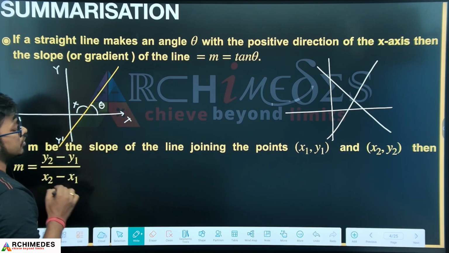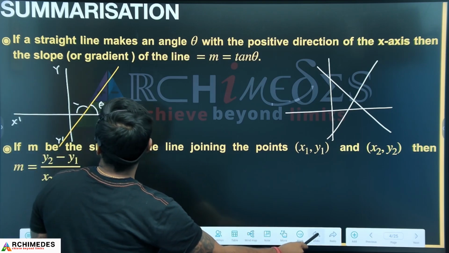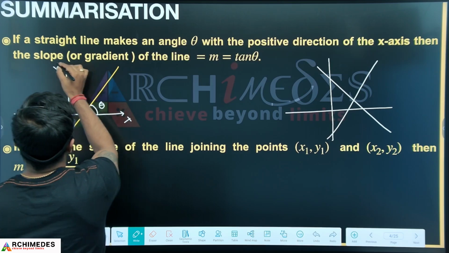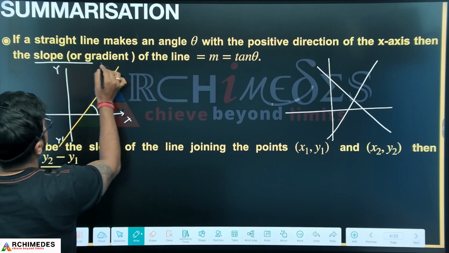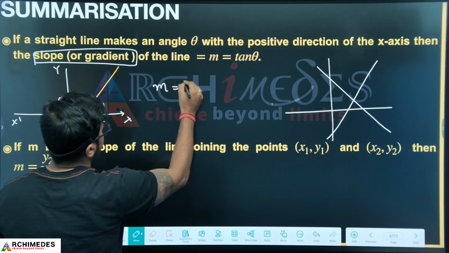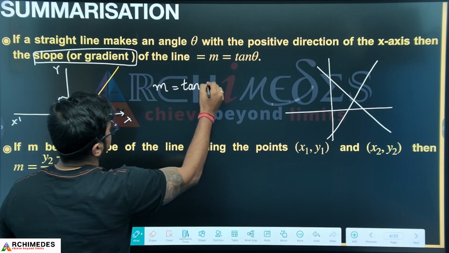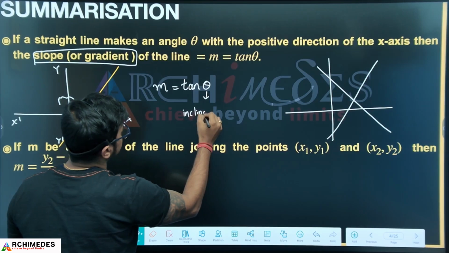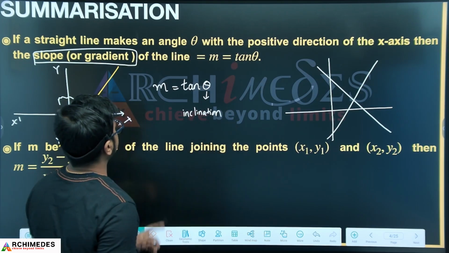Then the slope of the line, also known as the gradient, is given by m equals tan theta. Here theta is the inclination towards the positive x-axis, remember that.